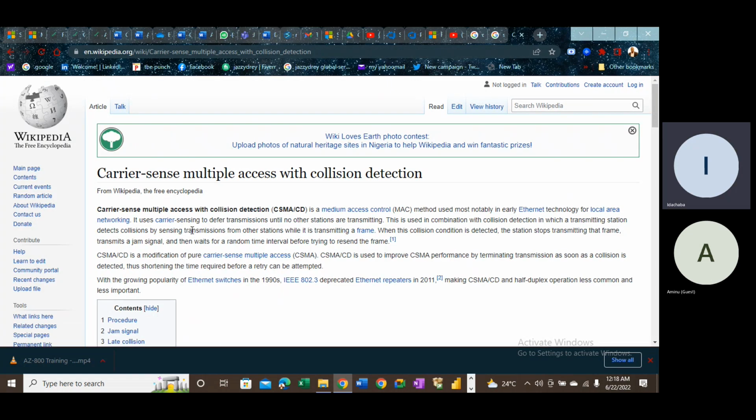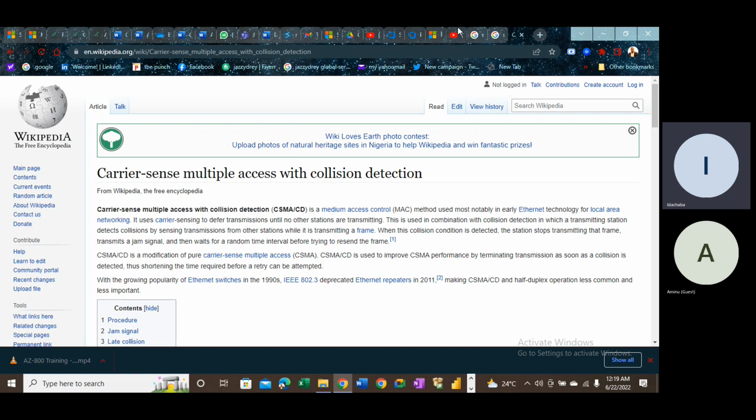So it uses carrier sensing. Carrier sensing, that is maybe the port or the cord or the cable. Whatever is transmitting that traffic is what they mean by carrier. Carrier sensing is used to defer transmission until no other station is transmitting.